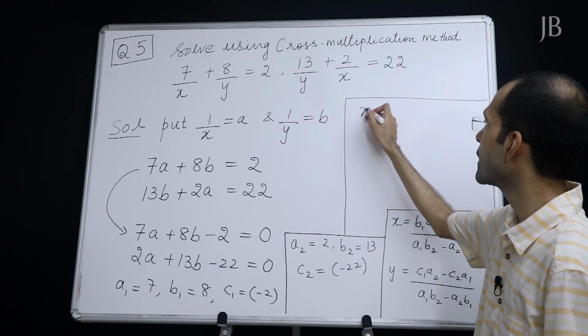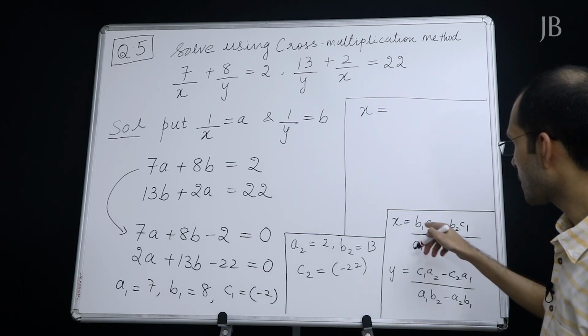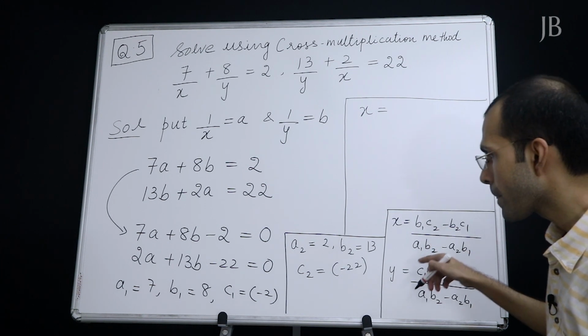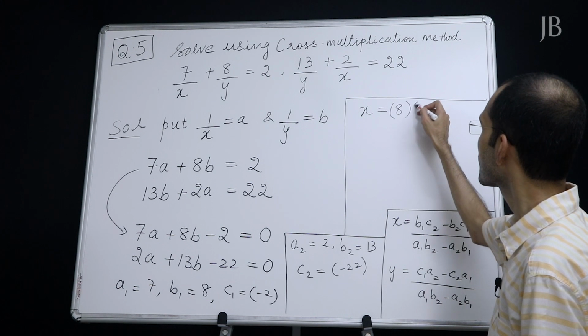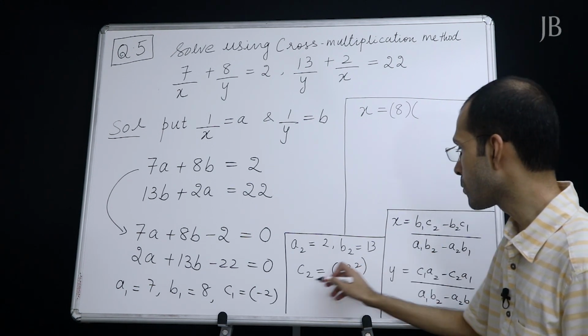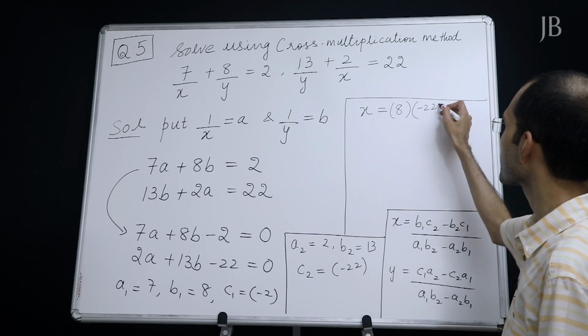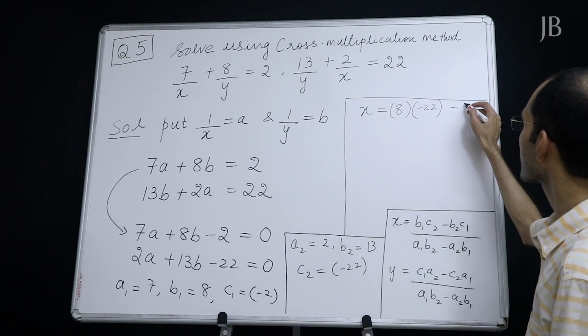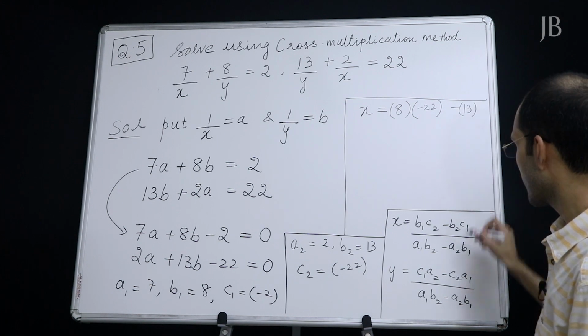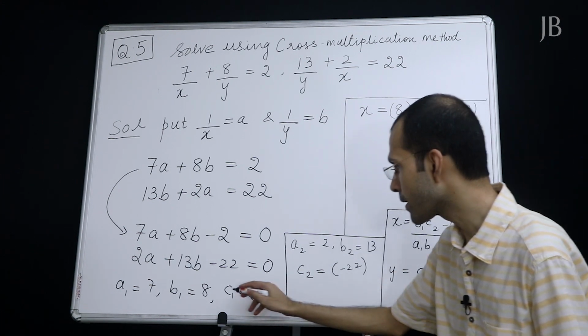So x will be B1 C2, that is 8 into C2, that is minus 22, minus B2, that is 13, C1 is minus 2.